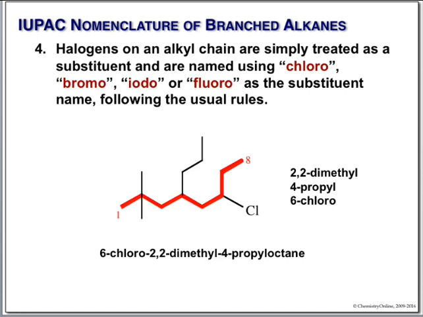So we string it together. And we say, alphabetically, 6-fluoro, dash, 2,2-dimethyl, dash, 4-propyl, octane. All one word. What do you mean by alphabetical? Fluorine, methyl, propyl. Alphabet. A, B, C, D, E, F, G.